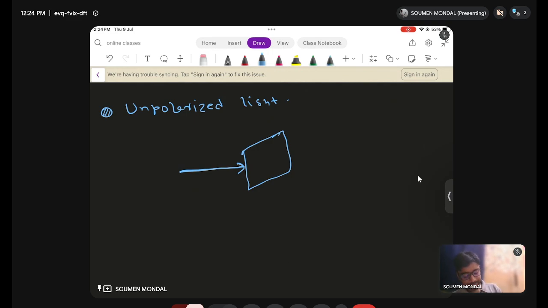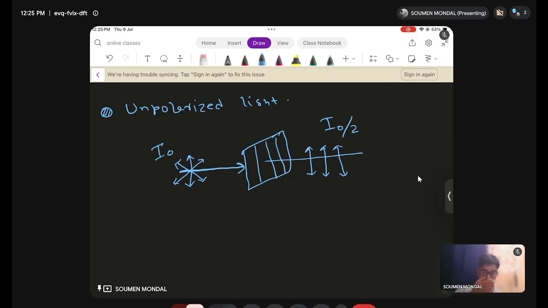Okay, let's move on. We are passing an unpolarized light of intensity I naught through a polarizer. Let's say this polarizes in that direction, and the light ray will come out like this. Now the intensity of the light coming out from this polarizer will be I naught by 2.